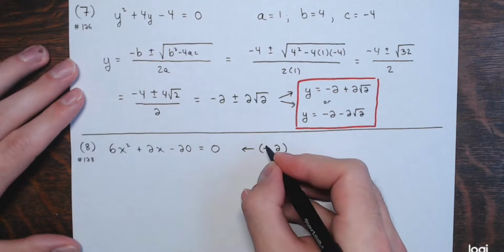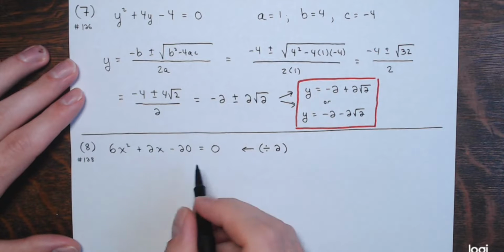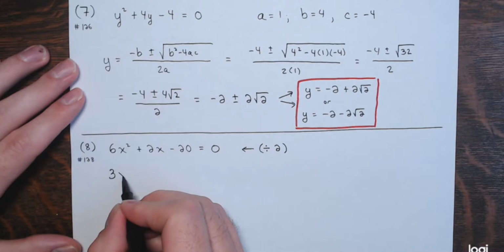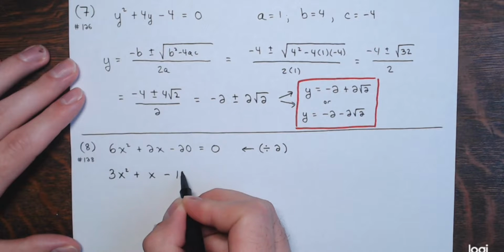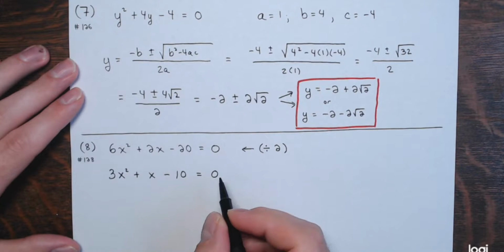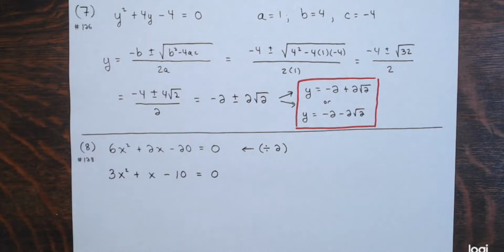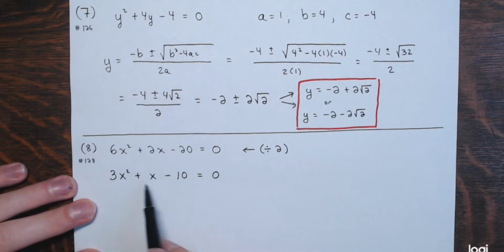So I'm going to divide by 2 on both sides. That'll give me 3x squared plus 1x minus 10 equals 0. These are the same equation. They're equivalent equations. They have the same solutions. The only difference is these coefficients are smaller. And I'd rather work with this second equation with the smaller numbers.